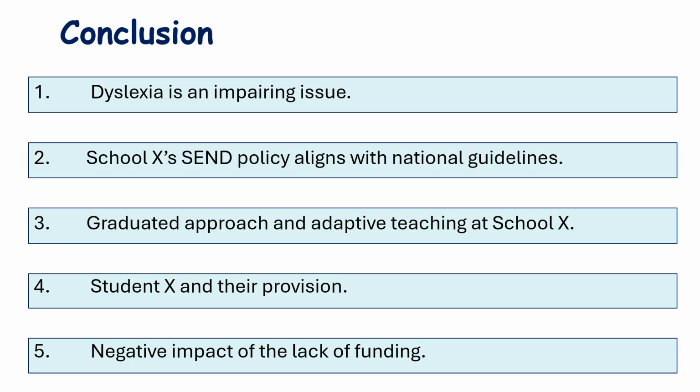The persistence of significant writing difficulties and the geography example with its mixed results demonstrate that assistive technology on its own, as well as the whole school implementation of adaptive teaching and graduated approach, are insufficient solutions for dyslexia.